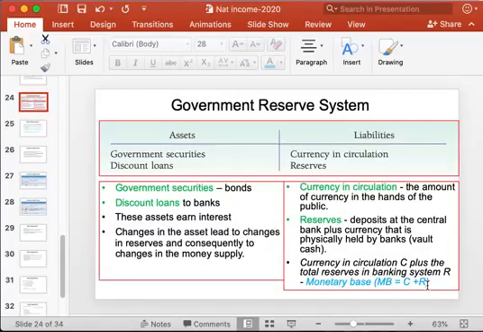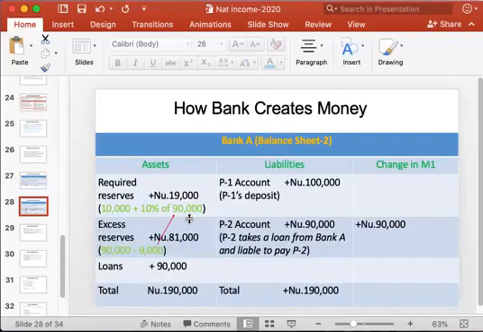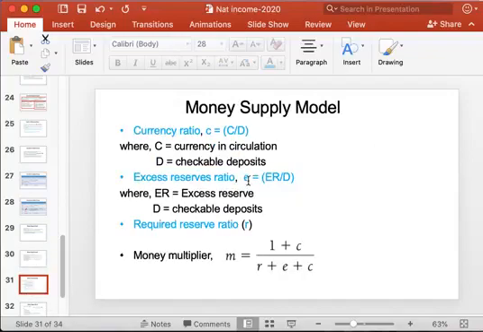So C is given by currency in circulation divided by the checkable deposit deposited by the general public.